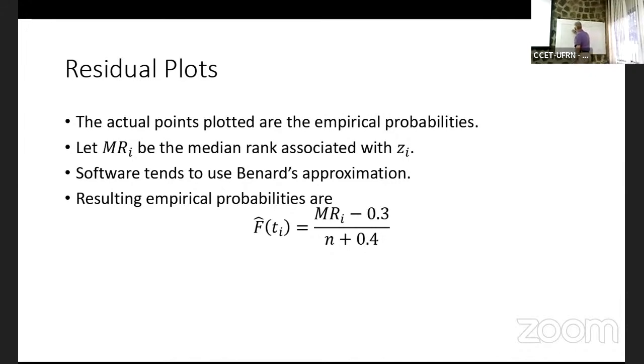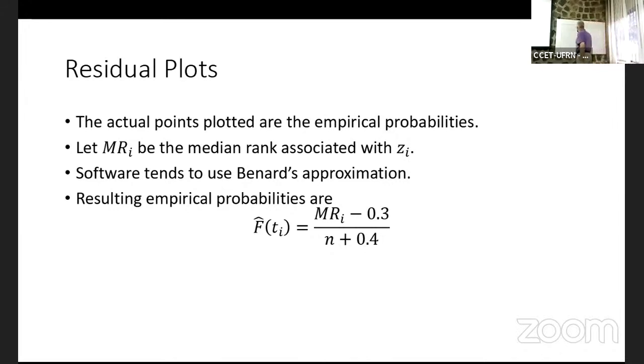And I'm going to have the empirical probability here. So far, so good? Because remember, we're not predicting the times, we're predicting the probabilities. So all of my residual plots are going to go back to this Weibull plot, but then I'm going to manipulate them so that they become analogs of standard regression plots, because I find them much more informative.